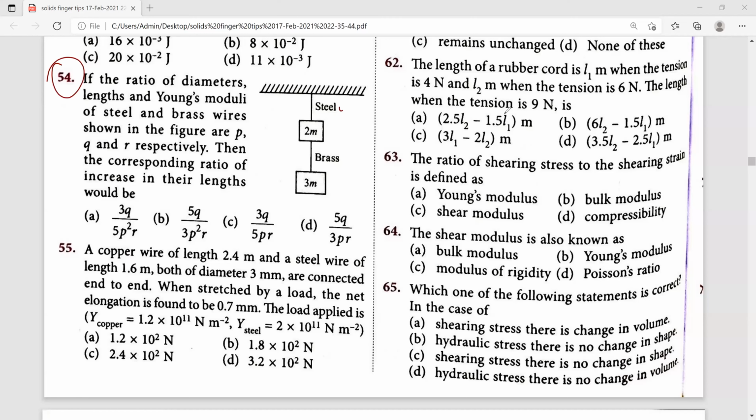So this is for steel wire and this is for brass wire. That is from the figure P and Q respectively. Then corresponding, the ratio of increase in length would be. So we have to calculate the ratio for that one. So 54th one.